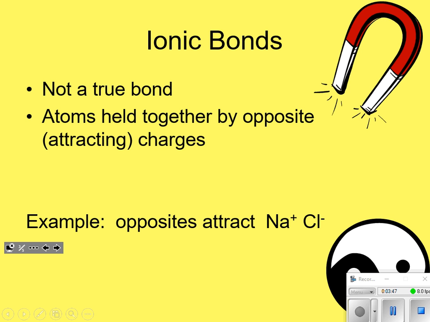Another example, so there's one example, opposites attract: Na+ and Cl-. I can give you a second example. Not every ionic compound is one metal to one nonmetal. Calcium chloride, CaCl2, were the white Dippin' Dots type things that we left in the cabinet overnight in Unit 1, and then they looked all melty the next day.